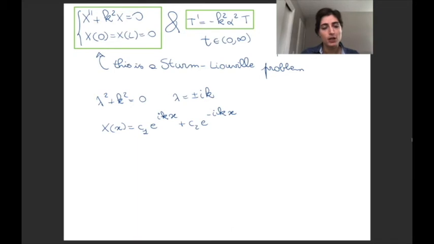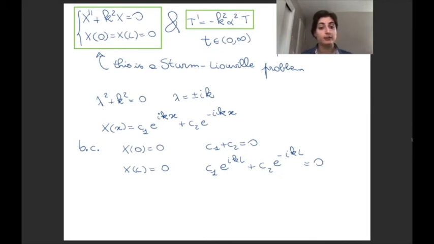So the first step is just solving the second order ODE, and we retrieve that the solution, capital X, is a composition of exponentials. On one hand, I have C1 exponential of ikx plus C2 exponential of minus ikx.